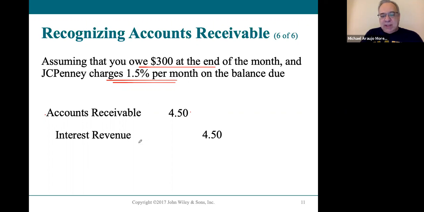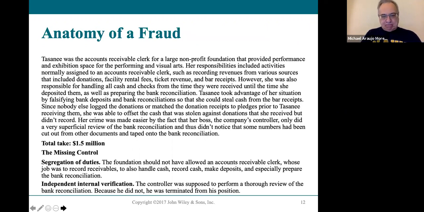But the interest is not accounts receivable; it is interest revenue. Anytime a company is making money this way by giving a loan, in essence, they have to record the interest as revenue. But again, the accounts receivable has changed. So there's a lot going on.